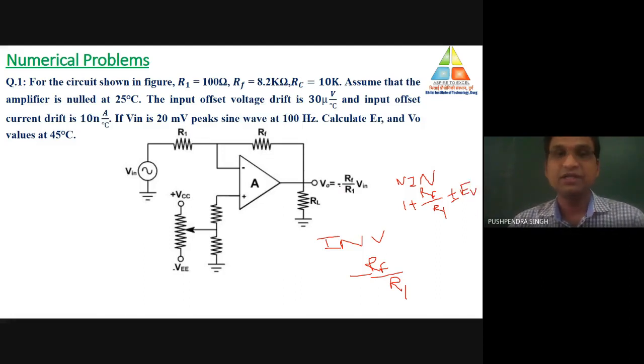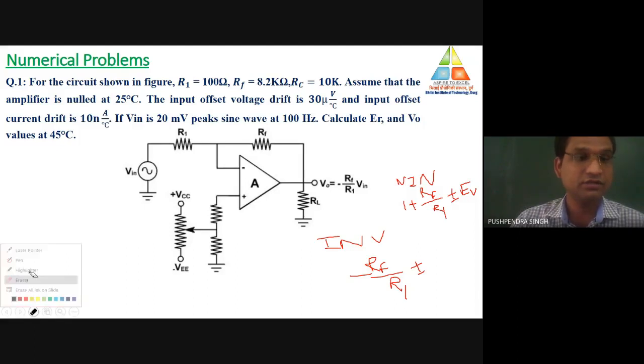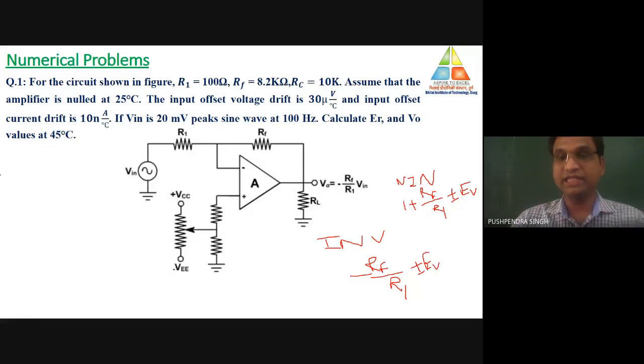And if the question is related to an inverting amplifier, output will be minus RF by R1 times Vin, plus minus error voltage EV. The basic thing is that first of all you need to calculate the value of this error voltage, then finally, based on the circuit, calculate the total output voltage V0.